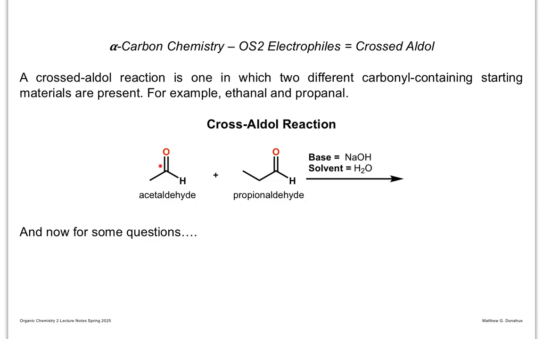That can be an enolate reacting with that. And then these things can still do their self-condensations with one another. So you basically have 4 different pathways that can be followed under these conditions.